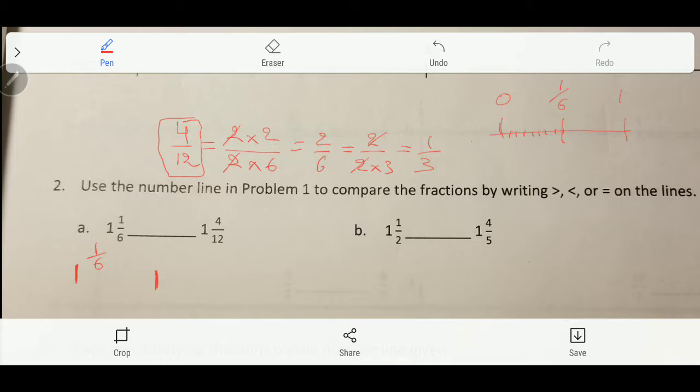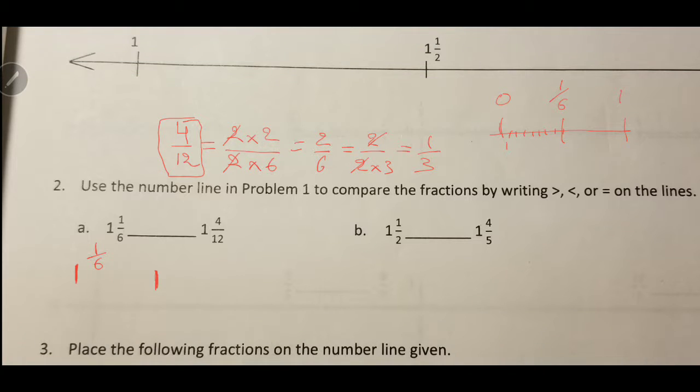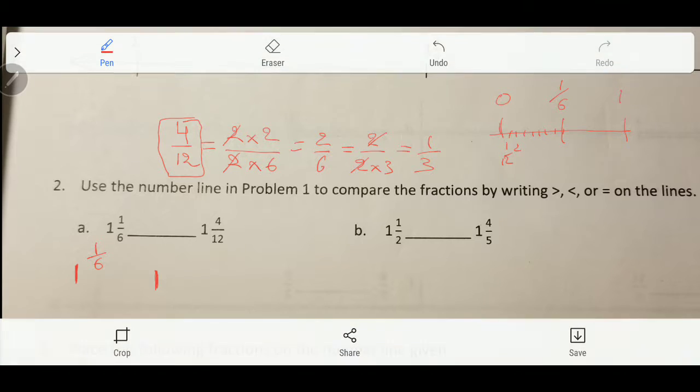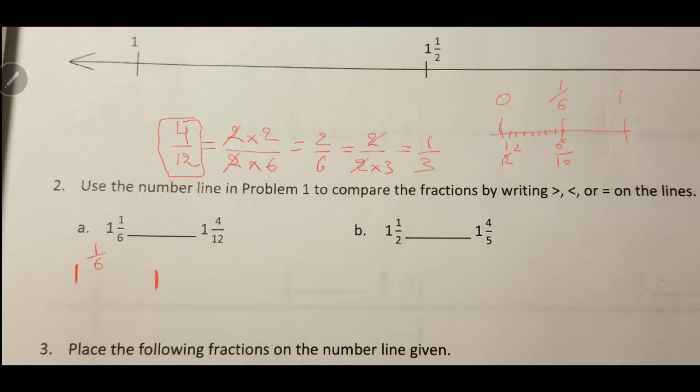Anyway, we're gonna have to cut it into 12. This is 1 over 12, 2 over 12, all the way to 6 over 12.